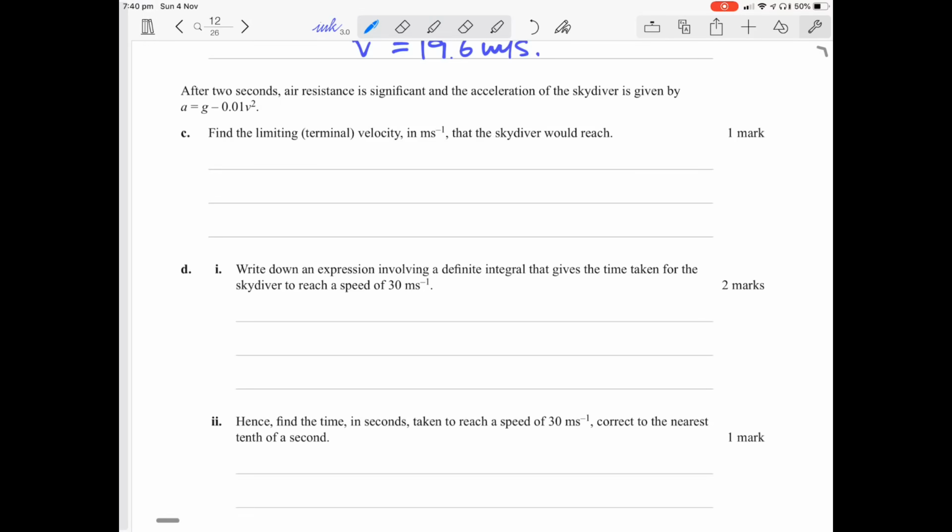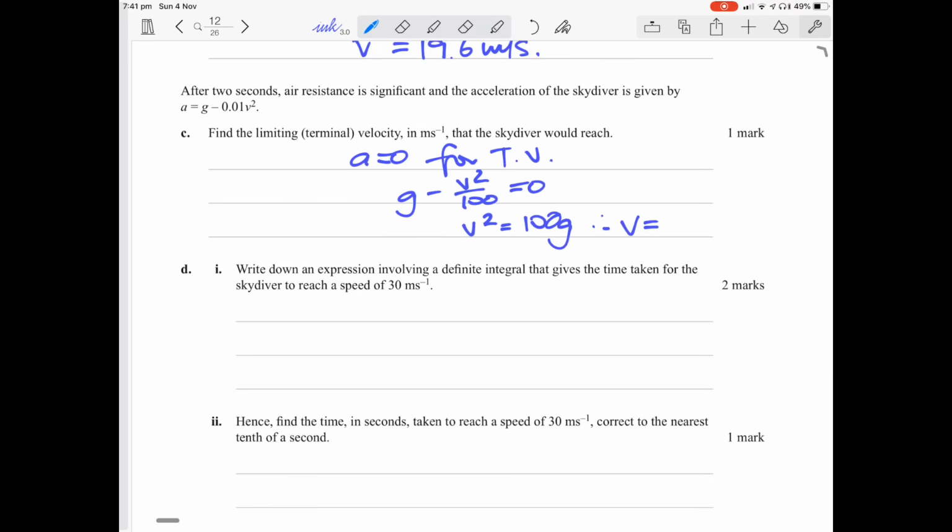Find the limiting terminal velocity that the skydiver would reach. Okay, acceleration equals 0 when we get to limiting terminal velocity. So G minus V squared on 100 equals 0. So V squared equals 100G.